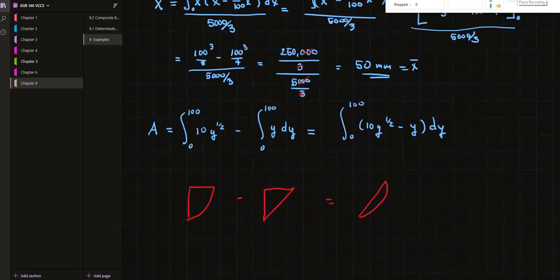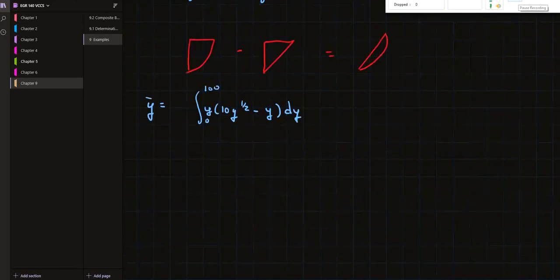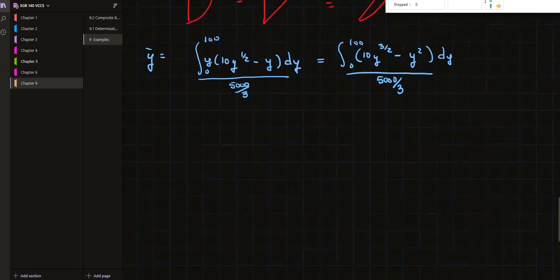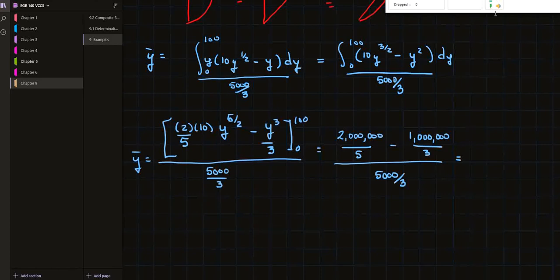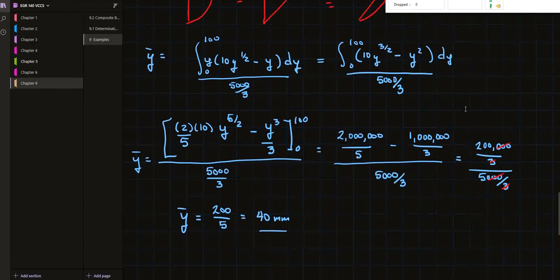So I got a little ahead of myself back there. So this is the area then, and we'll calculate this. Then if I want to calculate y bar, I'll multiply all this by y. I'll then integrate this numerator, then simplify this, do some cancellation here, get rid of those, get rid of that, get rid of that, and we come up with 40 millimeters as our result.